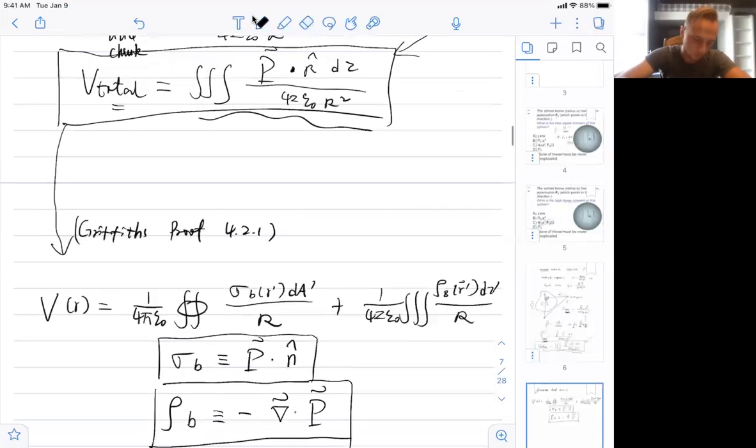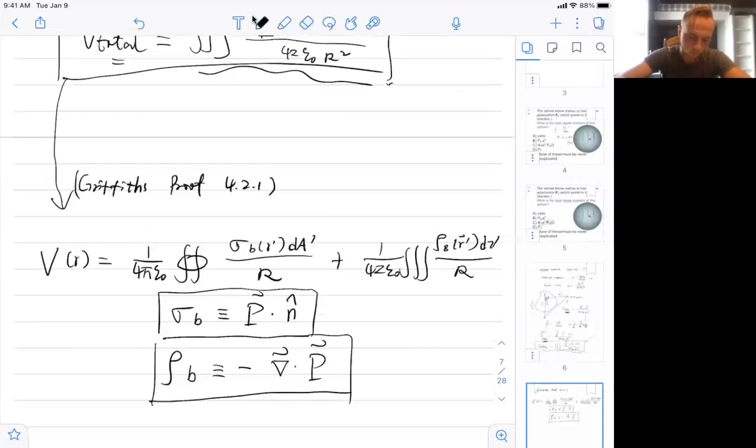Starting from here, you can have polarization right here, but I'm going to define two new quantities. One is the polarization on the surface dotted into the surface vector. That gives you a new quantity, and we call that surface charge. And the divergence of the polarization gives you another new quantity, and we call that volume charge.